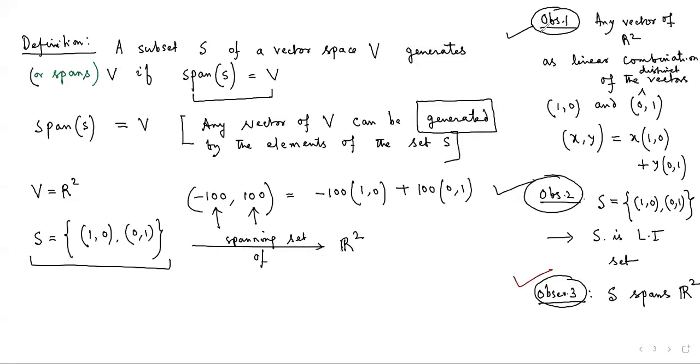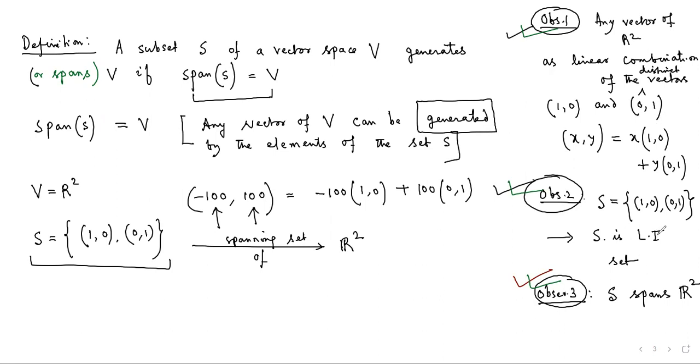Now let me come to the definition that I was trying to establish in today's class. We have three important observations. Observation 1: any vector of R2 can be expressed as a linear combination of some finite number of elements.